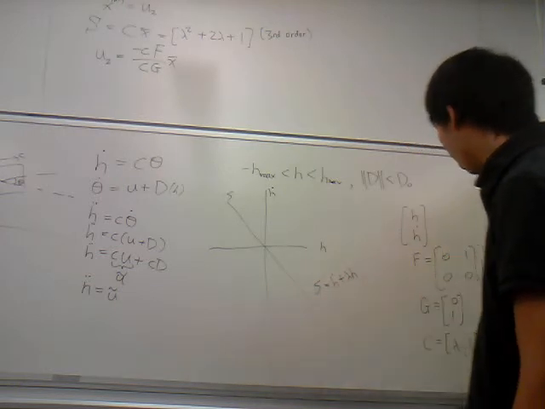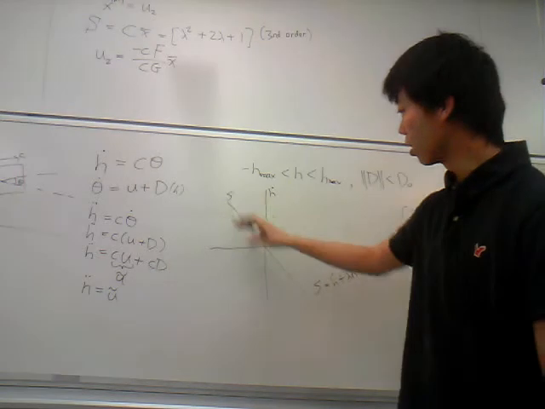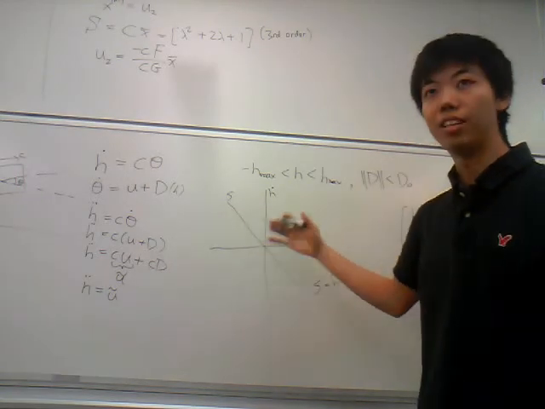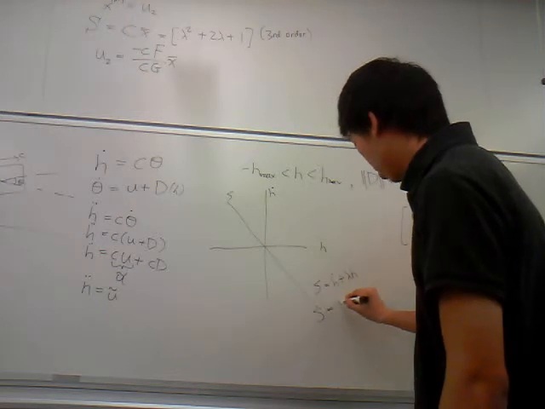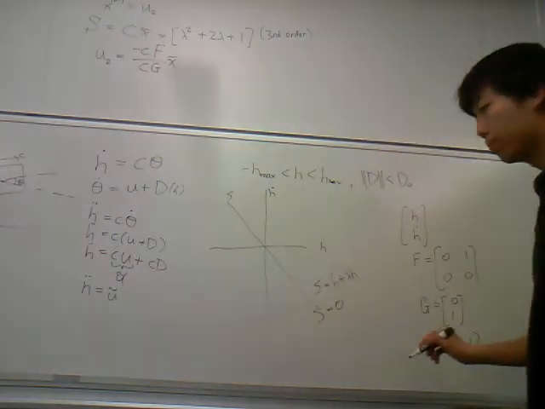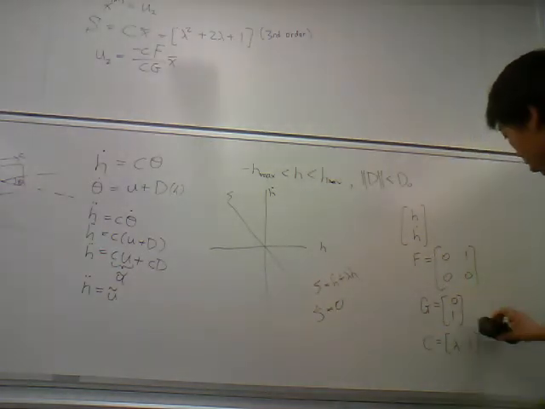What you could also do is, what we really want is for when it comes onto this sliding surface that it never leaves the surface. So we want S dot equal to 0.